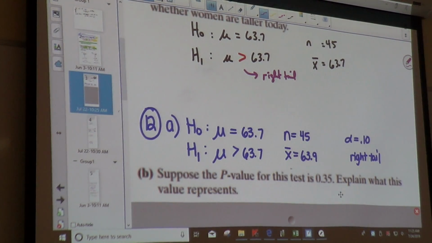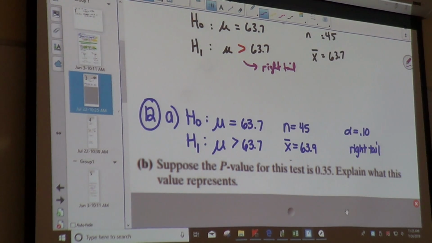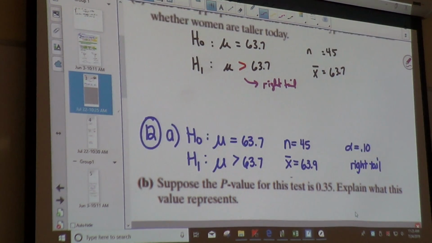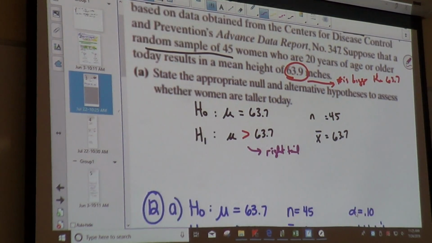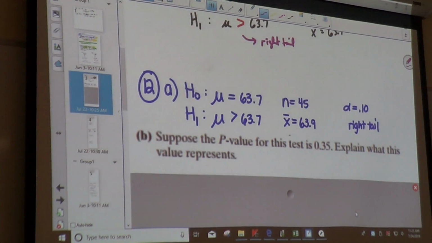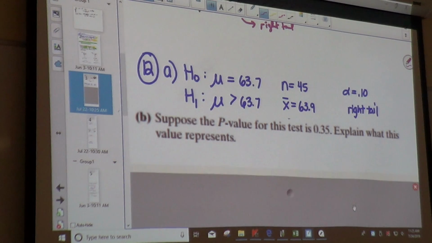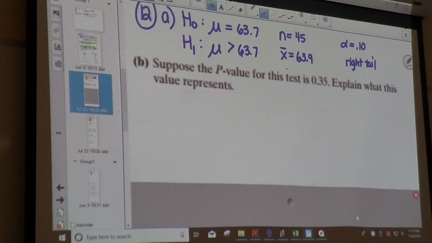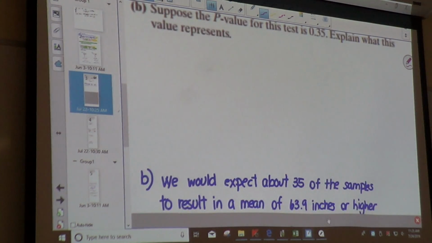All right, suppose the p-value for this test is 0.35. Explain what this value means. So our p-value, they're telling us, is 0.35. Let me go ahead and just pull the sentence up and we can talk about it.